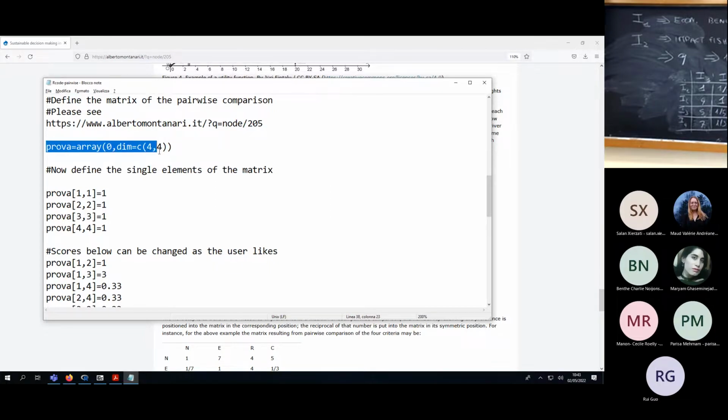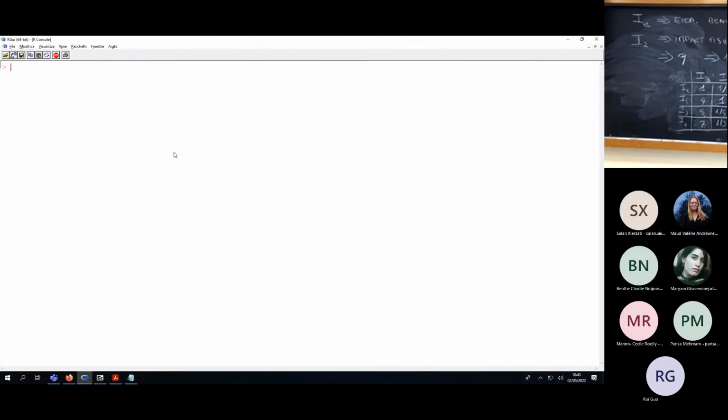I borrow from my code. This is just a matrix with zeros. I called it prova, which means attempt, in Italian. Now I have to fill it.